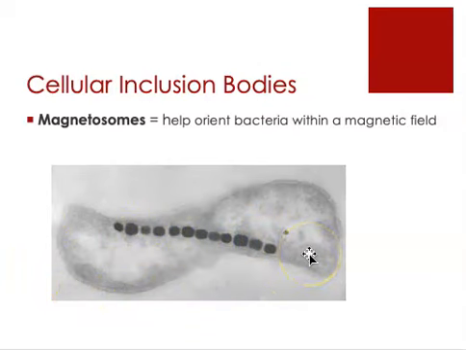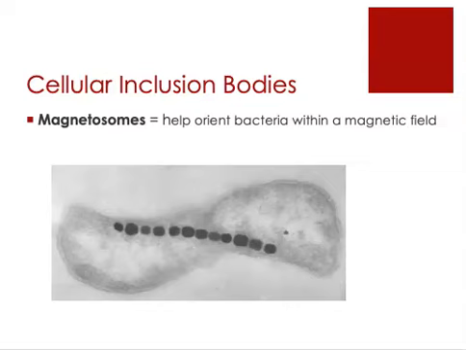Now, what a cell does with these internal magnets is it orients itself in a magnetic field. If you think about it, a prokaryotic cell needs to know where it is in its environment. It doesn't have eyes or ears, it doesn't have the senses that you and I have, but it still needs to know where it is.